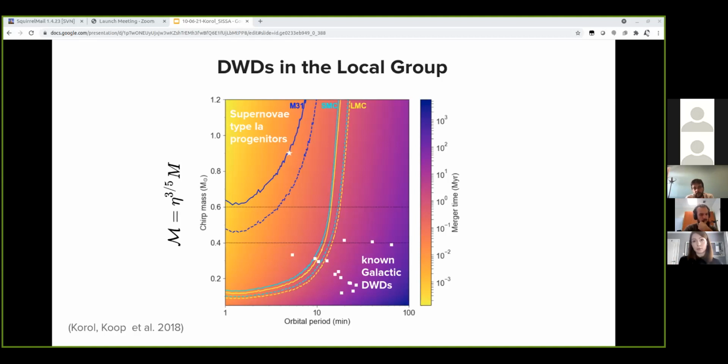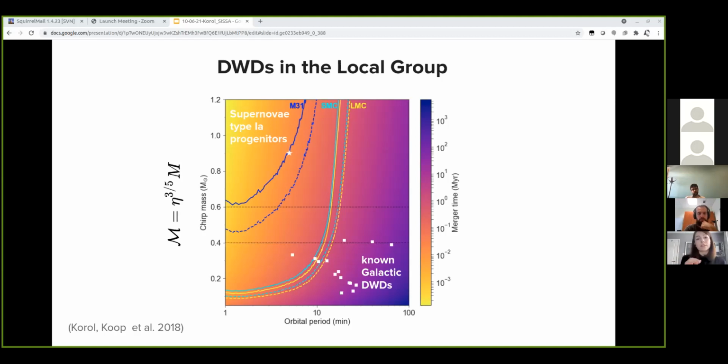massive double white dwarfs. While the colored lines here represent the LISA detection threshold at the distance of the Magellanic Clouds. So large Magellanic Cloud, small Magellanic Cloud in yellow and cyan, and Andromeda Galaxy in blue.